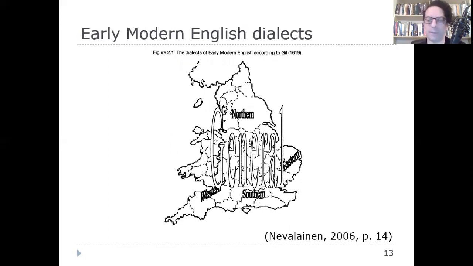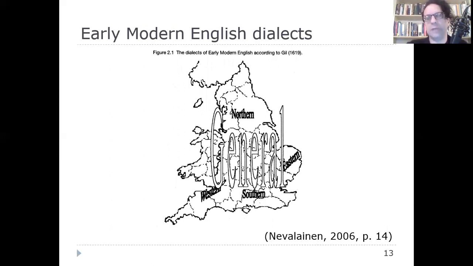If we look at this map, Nevalainen sort of constructs this map which is supposed to tell us, okay, there still is something like Northern Early Modern English and Southern and Western and Eastern Early Modern English, yes, but there's also something that the people called the general dialect of English at the time, which seems to be this kind of supra-regional variety of English that is now emerging, most of all in London, but then also spreading to other areas, which is kind of interesting.